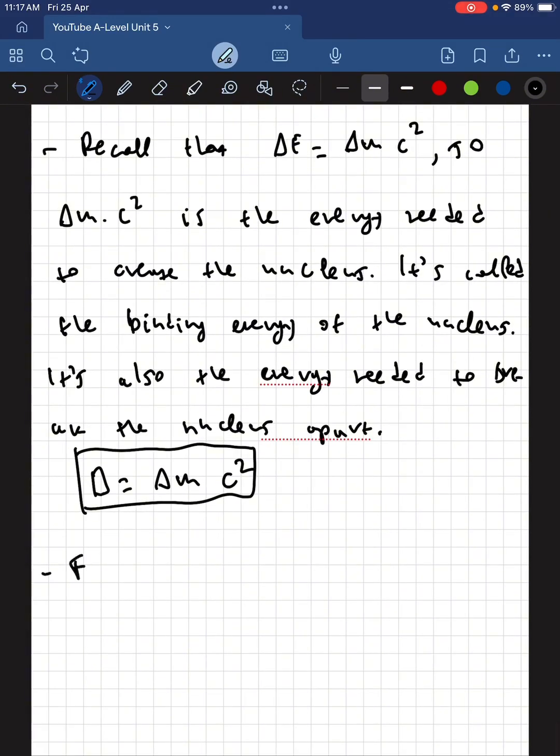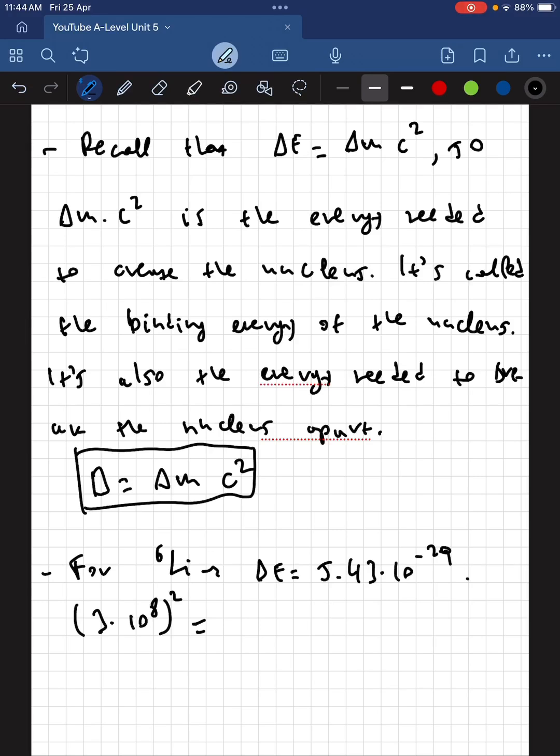So for lithium-6, which is the example we used earlier, delta E, we found it to be 5.43 times 10 to the negative 29 kilograms times (3 times 10 to the 8) squared. Always use parentheses, guys, when you take the square of the speed of light.